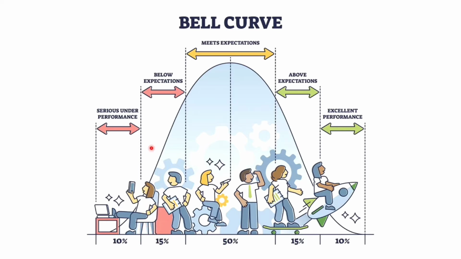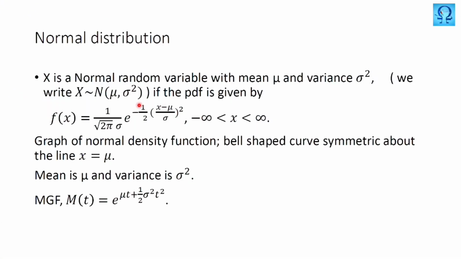So this variance we fix up. Based on that variance and the mean, we are defining the density in this form. If you plot it as shown in the graph, it has a bell shaped curve which is symmetric about the line x equals mu.